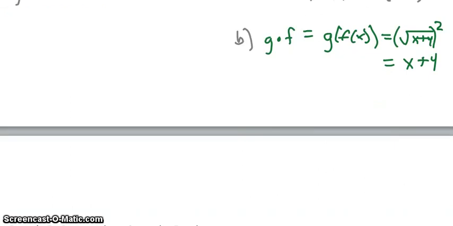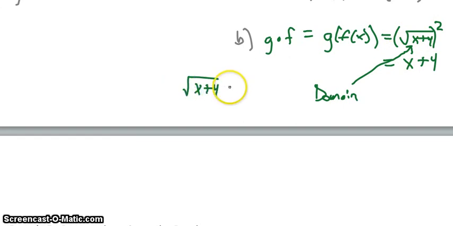Now this one, we're going to run into an issue. The reason is you think, looking at this, I can just take any old number and add 4 to it. But the problem is that that's not what we did before. We have to take a square root of a number before we square it. And when you take the square root of x plus 4, we know that this expression has to be non-negative.